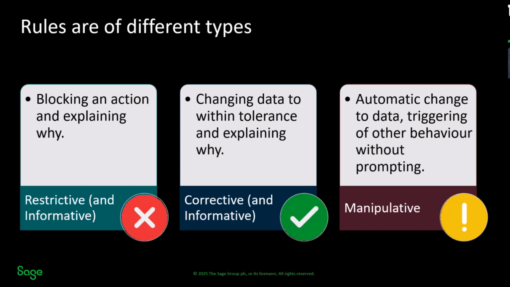Then we also have corrective rules, and corrective rules are really all about bringing data back within tolerance. So if you put a date, say the 31st of February, well, you might just generate an error saying that's an illegal date because there are only 28 or 29 on leap years of February, but you may find that it will correct it to a reasonable assumption.